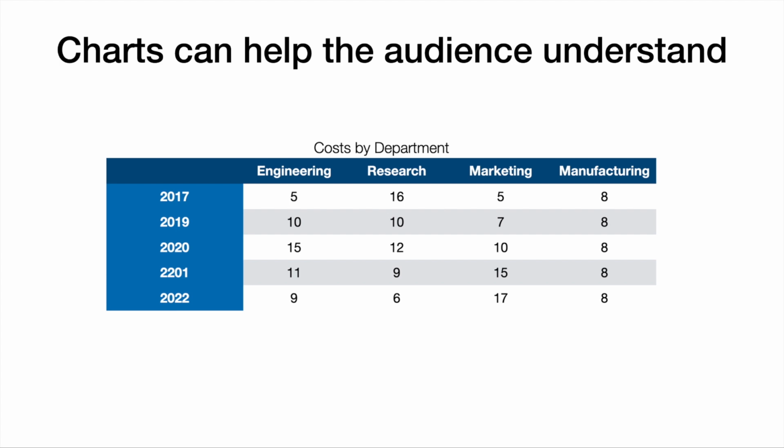Very often a table is the most useful way of presenting the data that you have. But if there are trends or relationships or other points that you want to make that might not be easily visible from the data, a chart might be useful.